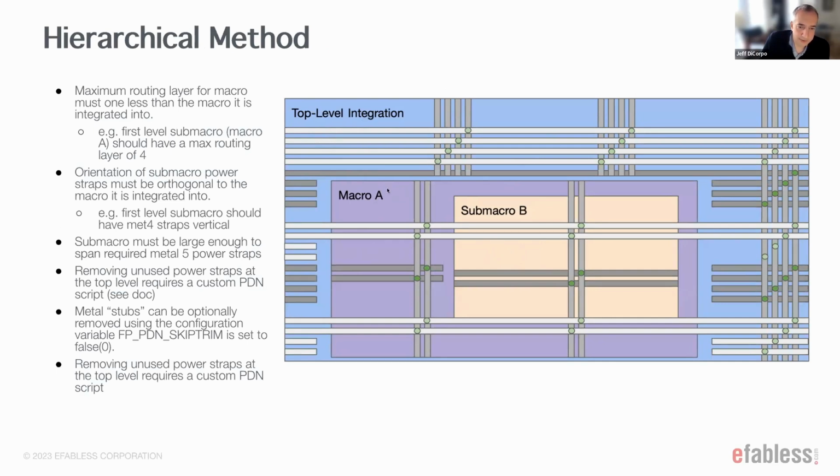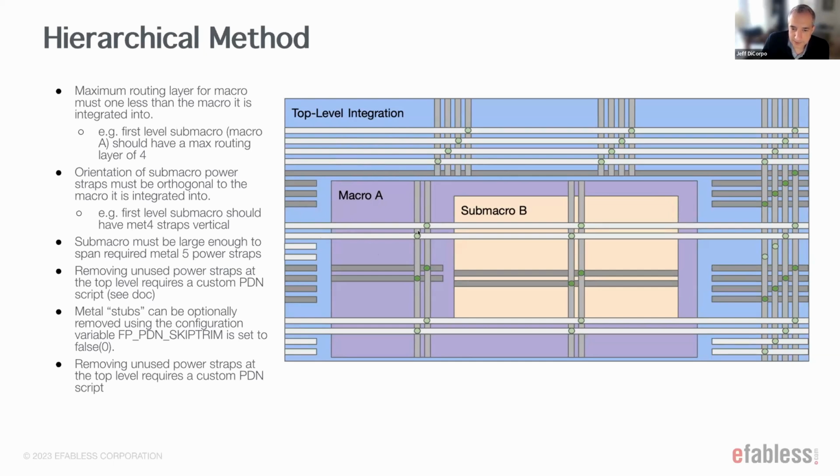One of the considerations is that as you go down in hierarchy in each layer, you lose one layer of metal for routing power, right? So in your top level, the primary way to connect power to your macros is going to be using metal 5, and those are going to be intersecting with metal 4 straps in the next macro down.